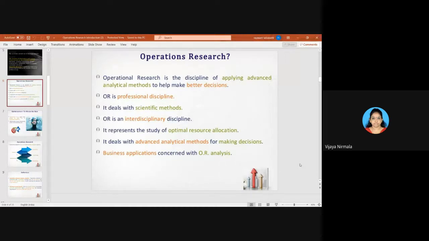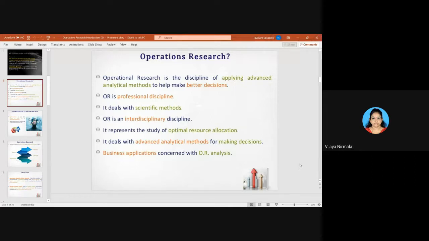In this you can use various advanced methods for making decisions. Okay. So the business applications are concerned with operations research analysis. Only with the help of operations research are the business applications in organizations being addressed.